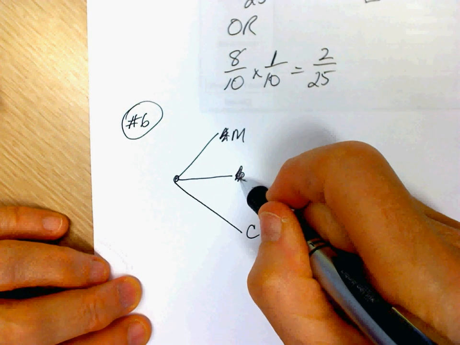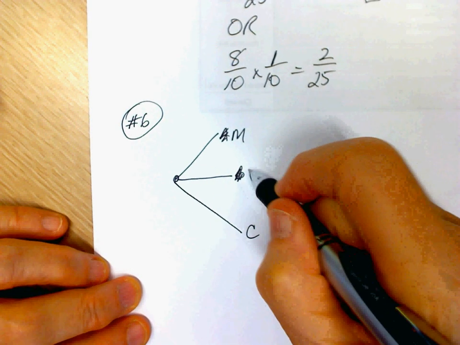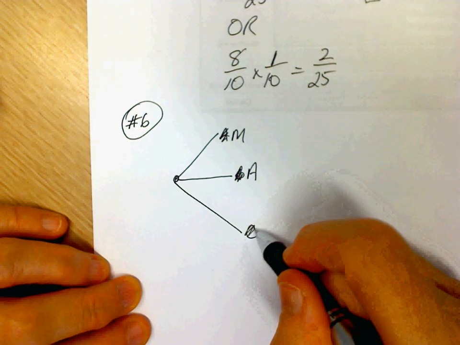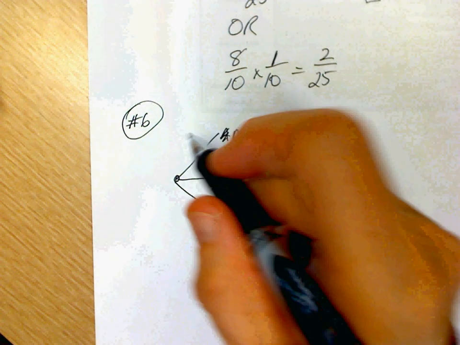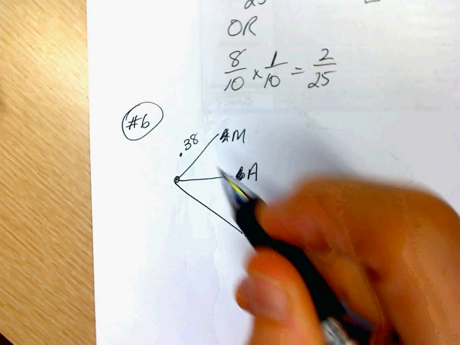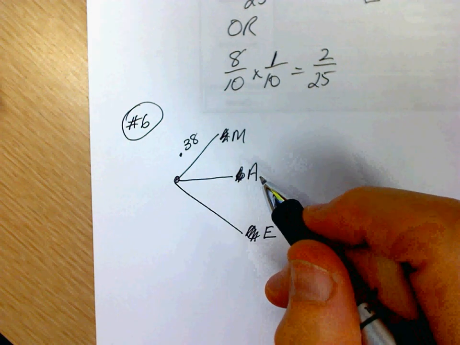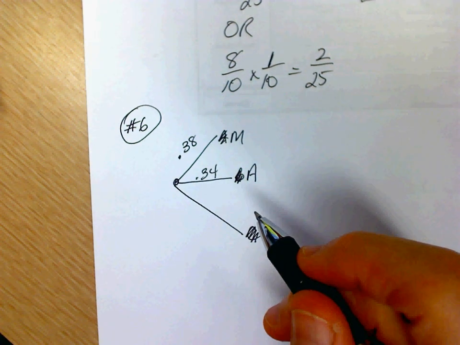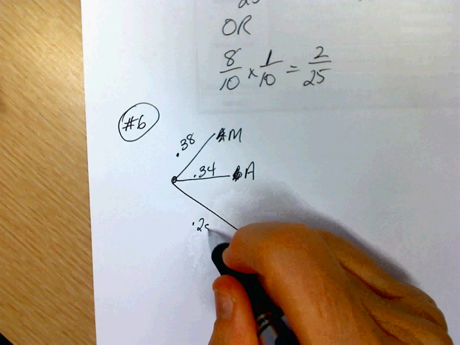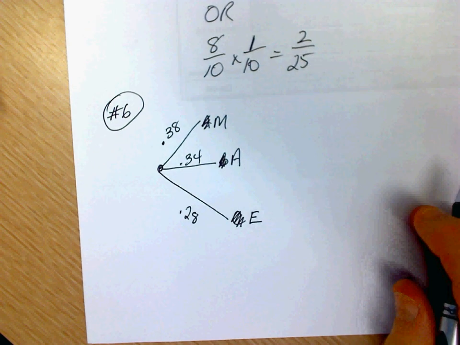And I'm going to call this A, and this one E. That'll make it easier. Morning shift produces 38%. Afternoon produces 34%. And evening produces 28%.